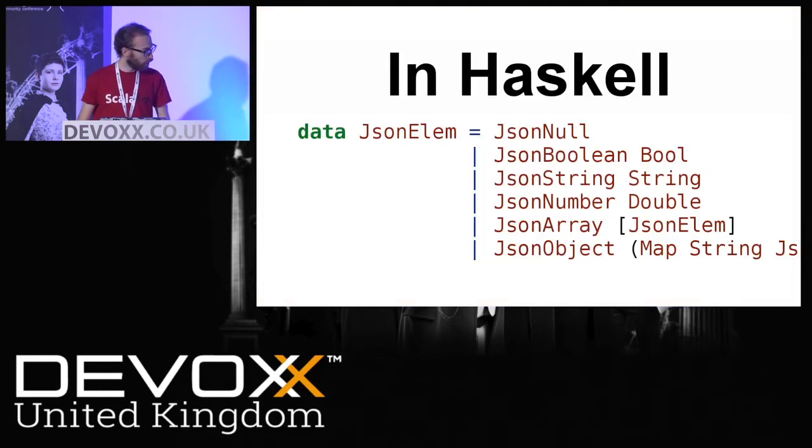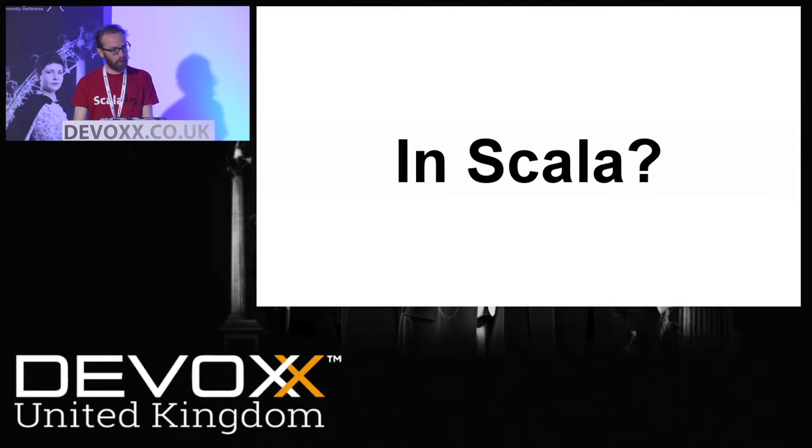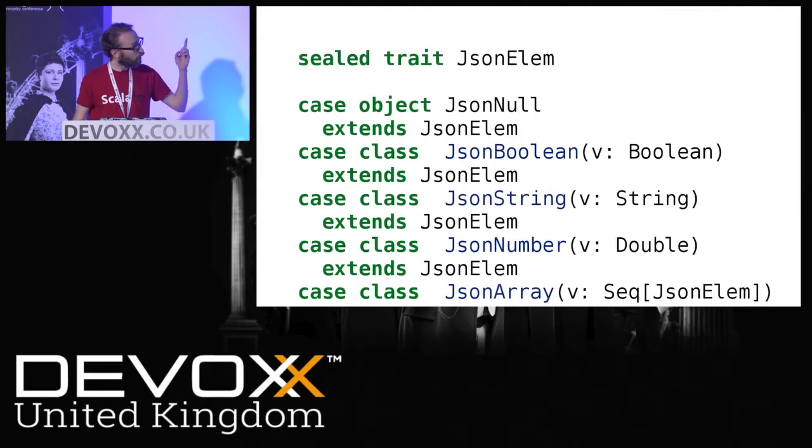In Haskell, you get direct encoding in the language with the pipe, meaning or. In Scala, there is no direct syntactic support for that, so we're using object orientation and subtyping, but with an important difference called sealed. I define a trait, and then I have case classes or case objects extending this trait.